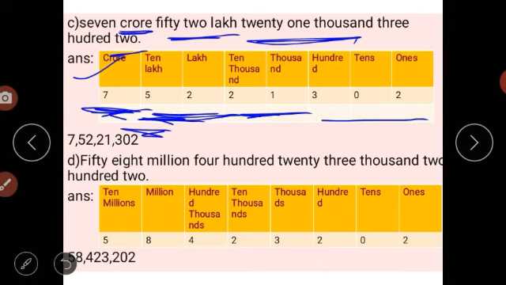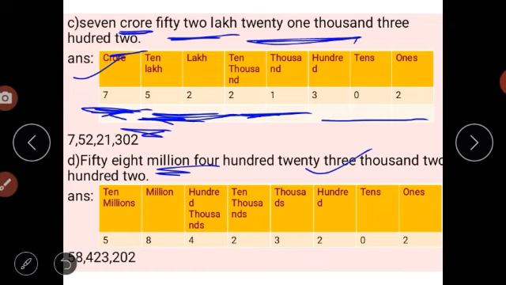So next question, what do we have? 58,423,202. So this question belongs to the international place value system because it has millions. So that's why this belongs to the international place value system. So here we have taken a table consisting of the international place value system.